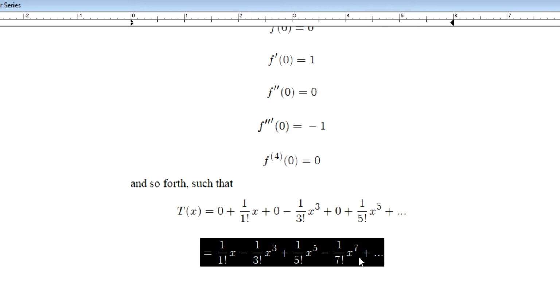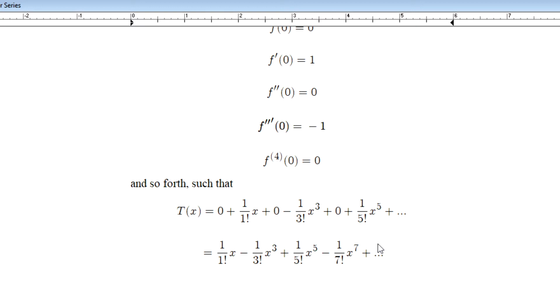This infinitely long series does follow a pattern. The next one in the pattern here would be 1 over 9 factorial times x raised to the 9th power. And the next one in the pattern would be negative 1 over 11 factorial times x raised to the 11th power. There is a pattern that is definitively happening here as we progress from term to term in this Taylor series.